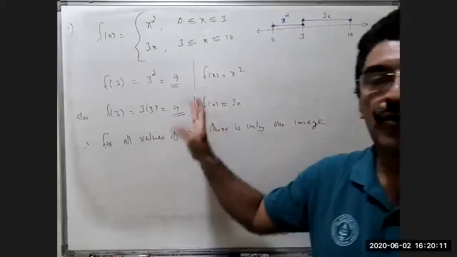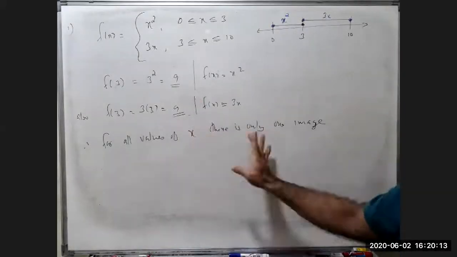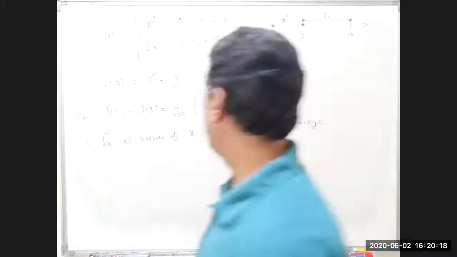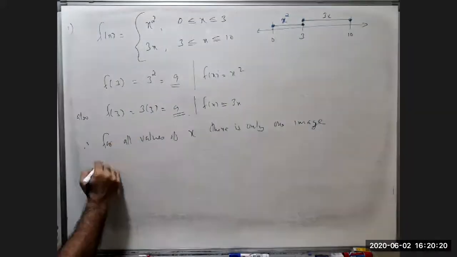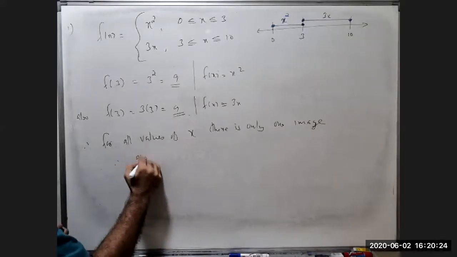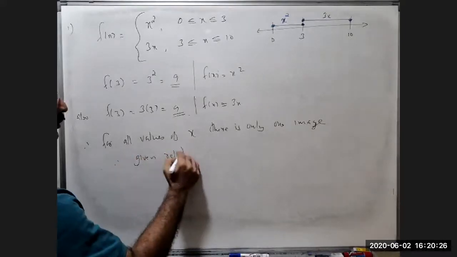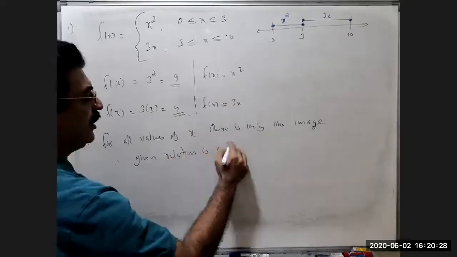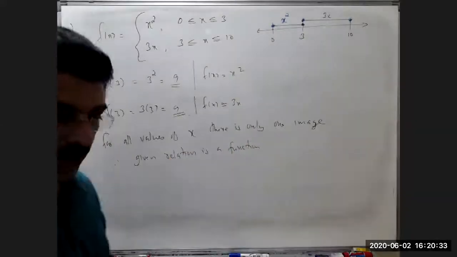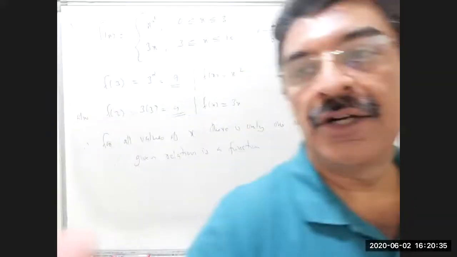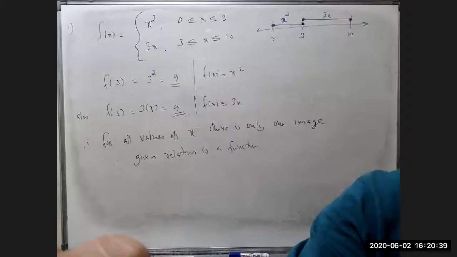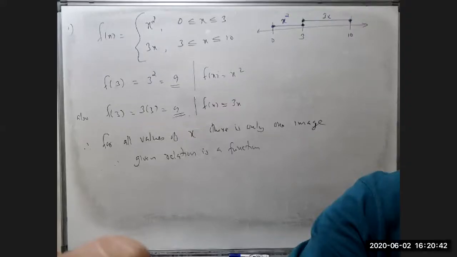That means for an x value, y values are not repeated, only one image. For all values of x, there is only one image. Therefore, the given relation is a function.